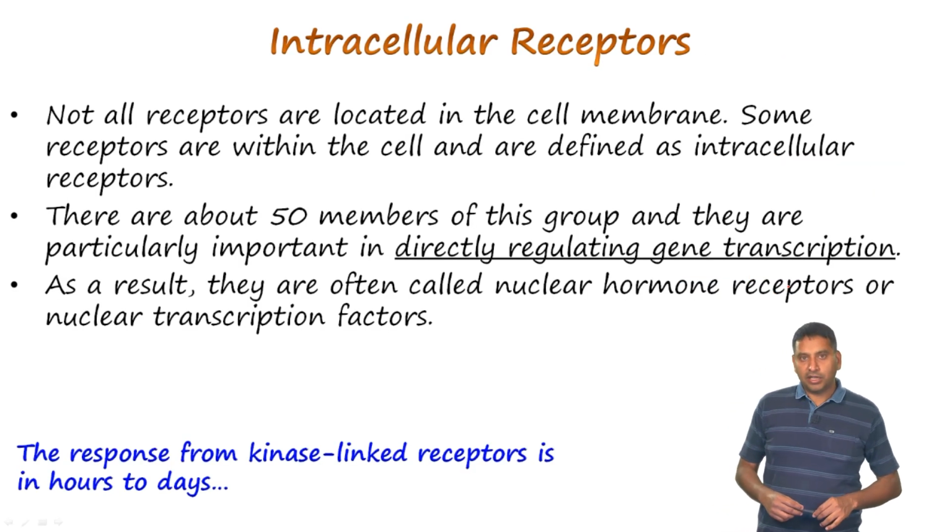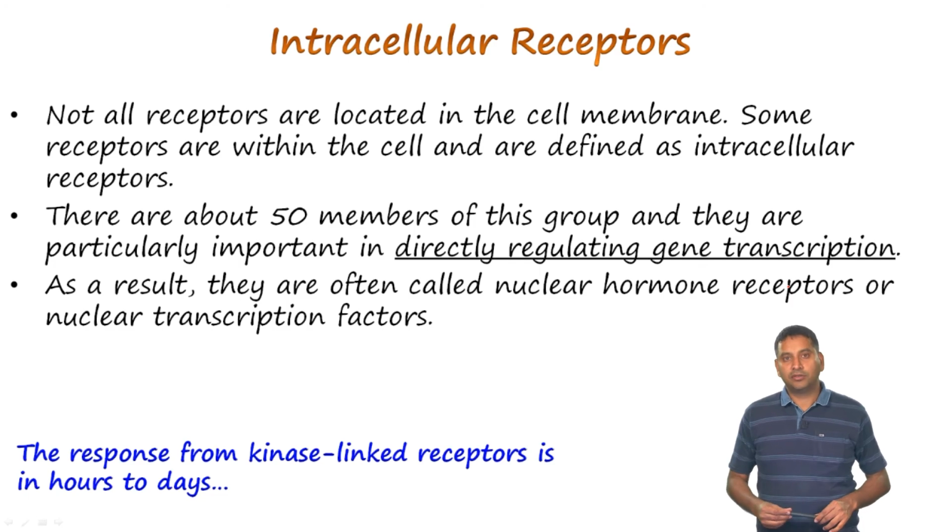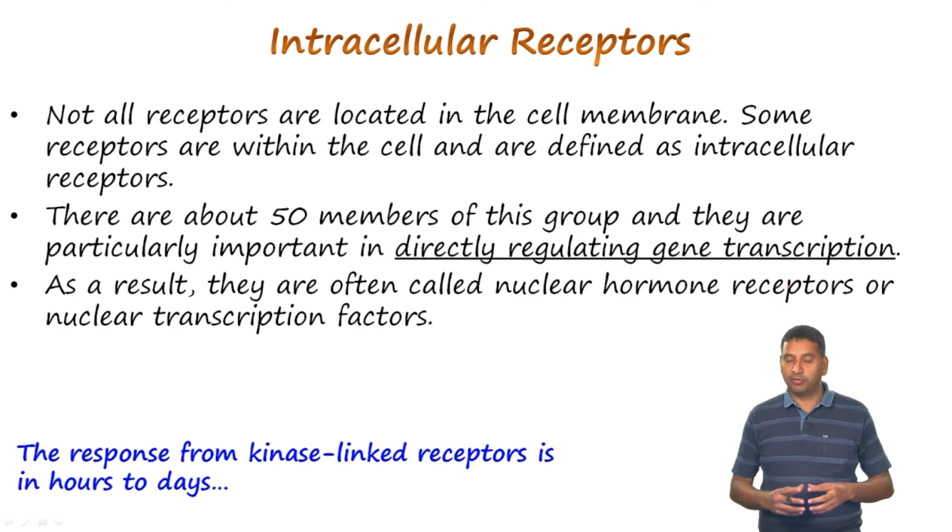There are other classes of receptors, which I mentioned earlier, known as intracellular receptors. There are about 50 members in this group, and they are very important in directly regulating gene transcription.